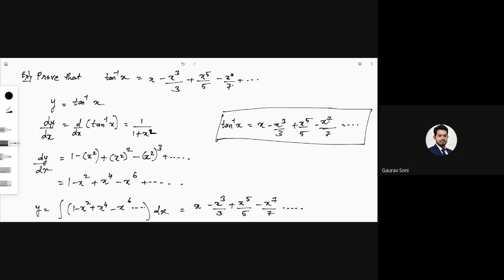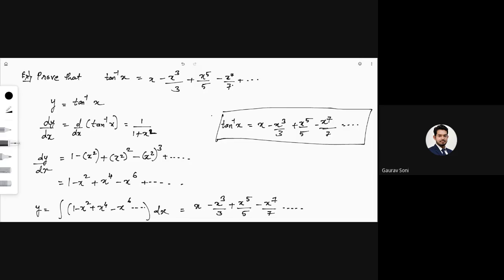Can someone tell me which series this looks like? It looks like which series? Tan inverse hx means tan h inverse x. We haven't written it, right? Tan x inverse. We wrote it in the last lecture, okay.